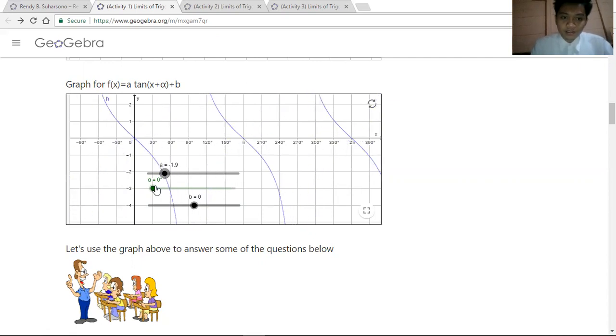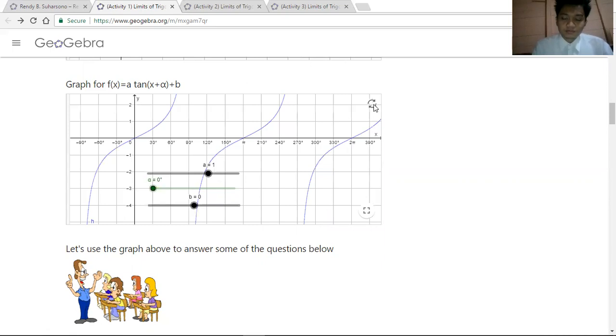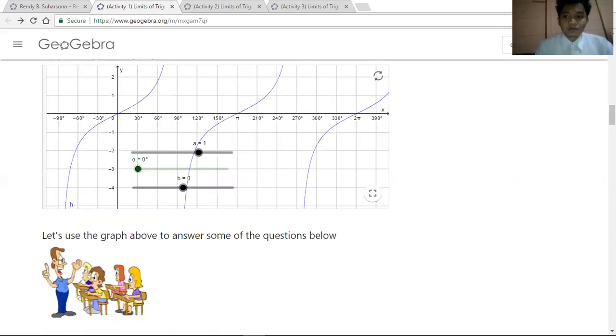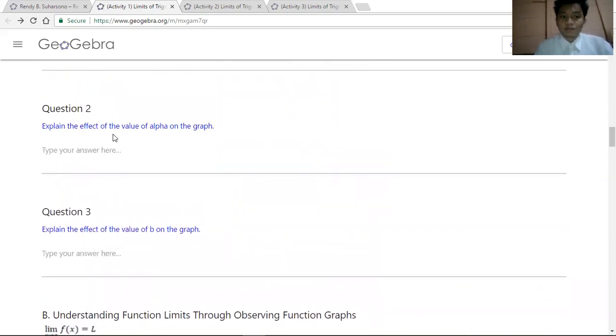Use the slider. Let's use the graph above to answer some of the questions below. Question 1. Explain the effect of the value of a on the graph. Question 2. Explain the effect of the value of alpha on the graph. Question 3. Explain the effect of the value of b on the graph.